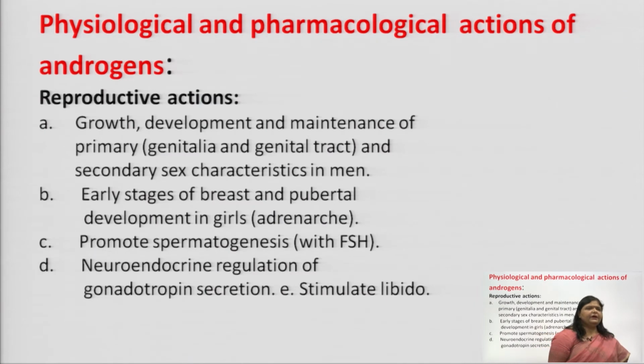The most important action is the reproductive action. We saw that it is responsible for the growth, development and maintenance of the primary genitalia as well as the genital tract, and also the development of all the secondary sex characteristics in the boys.